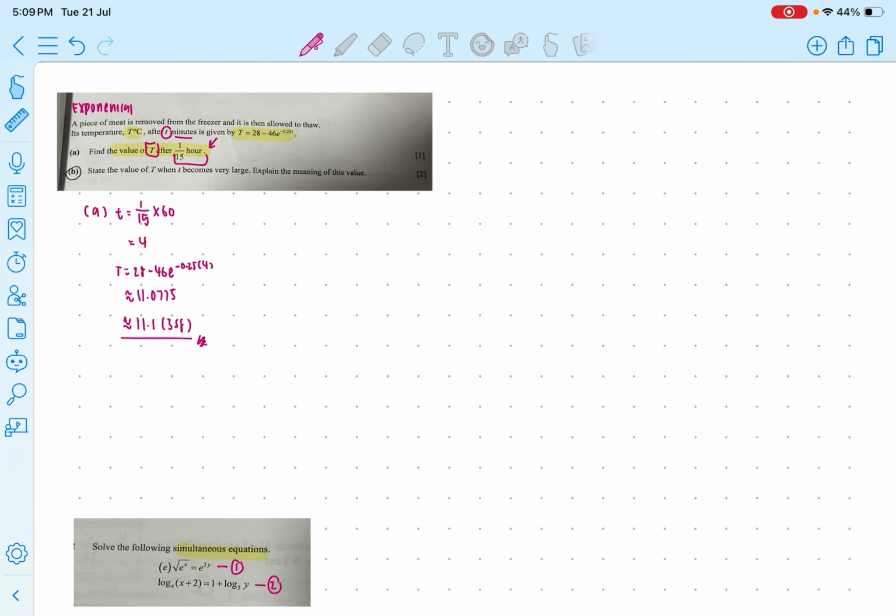Moving on, find the value of T, the temperature, when small t becomes very large, and explain the meaning of this value.